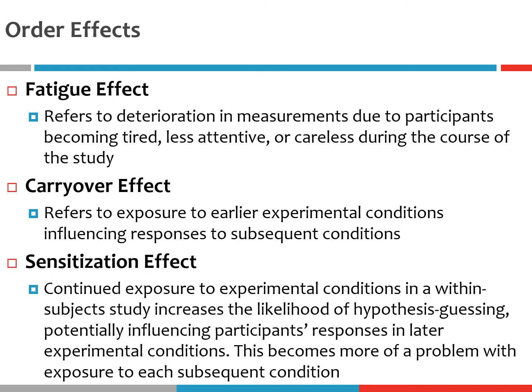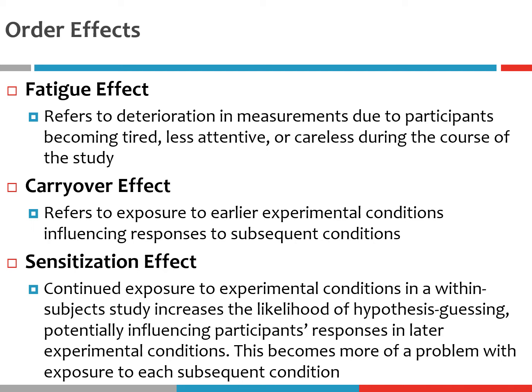Now, a couple other things come out of balancing the order. You control for fatigue effects, which is people getting tired. If you gave the same order to everybody and people started getting tired halfway through, then the levels of the independent variable at the end of the study are going to produce poor results, not because they're not effective, but because the person's tired.